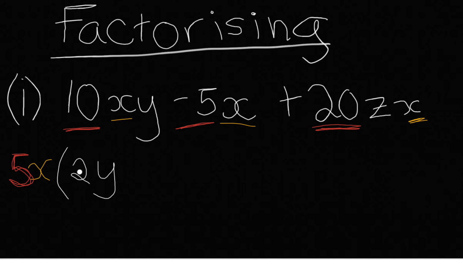So 5x times 2y is equal to 10xy, right? For the next one, 5x times what will give you negative 5x? 5x times minus 1, right? 5x times minus 1 is negative 5x.